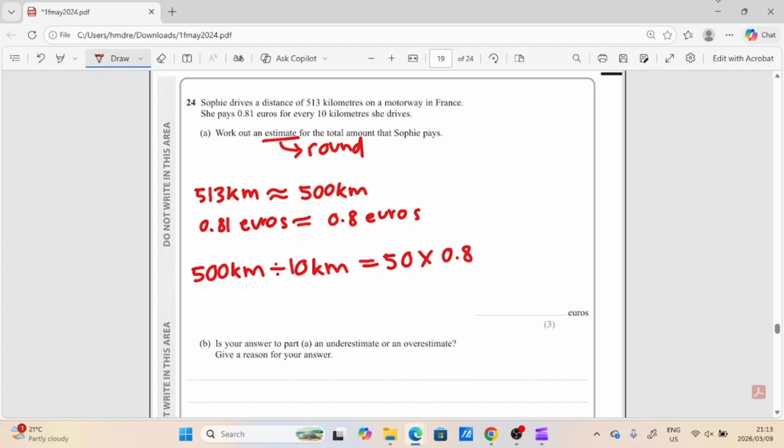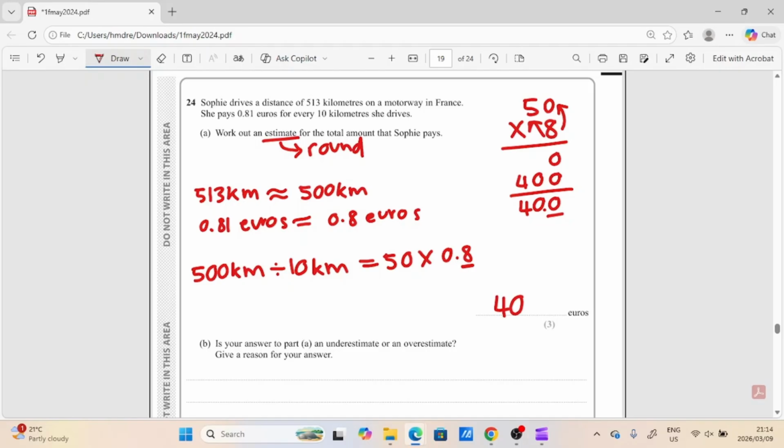This is not too difficult to work out. We're just going to say 50 times 8. And just remember, in your answer, you need one decimal place. 8 times 0 is 0. 8 times 5 is 40. So this answer is going to be like that, and we need one decimal place. So it would be 40.0.